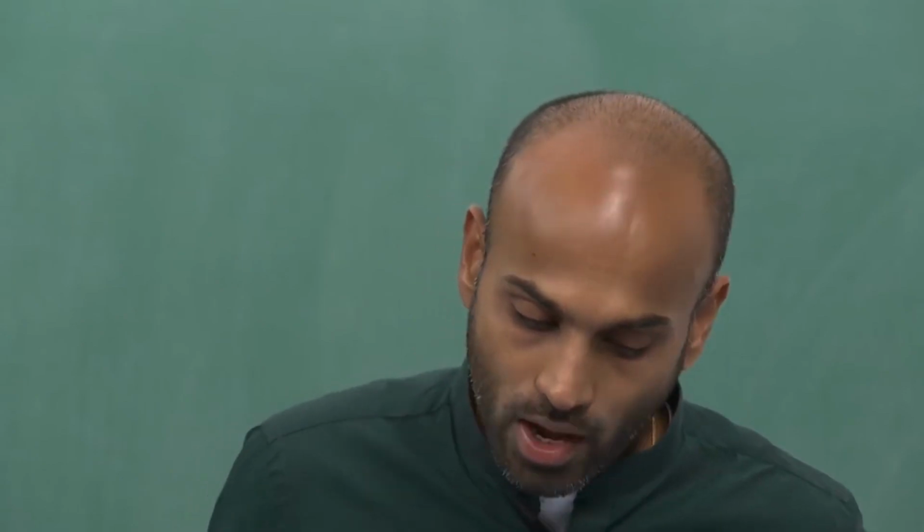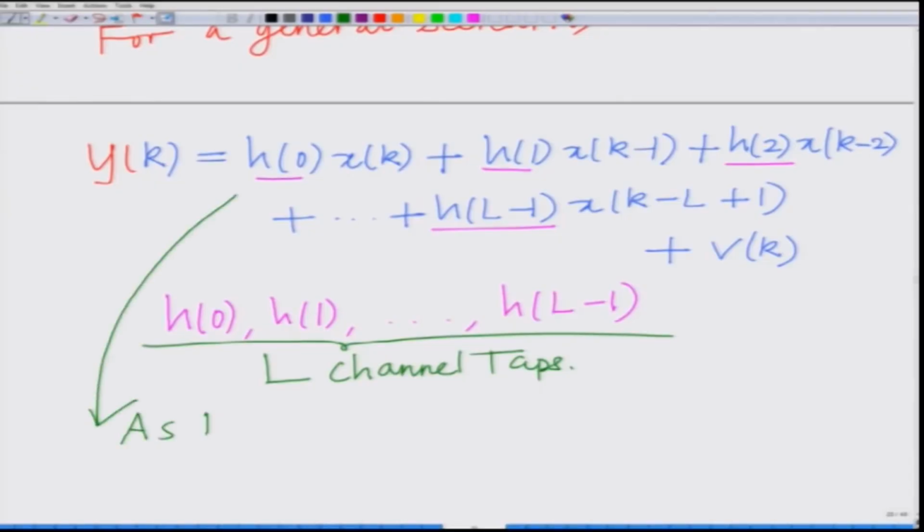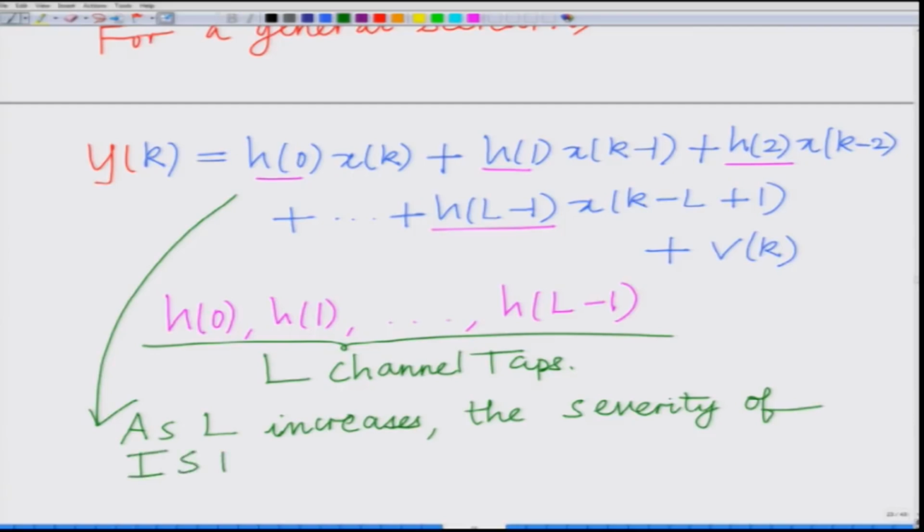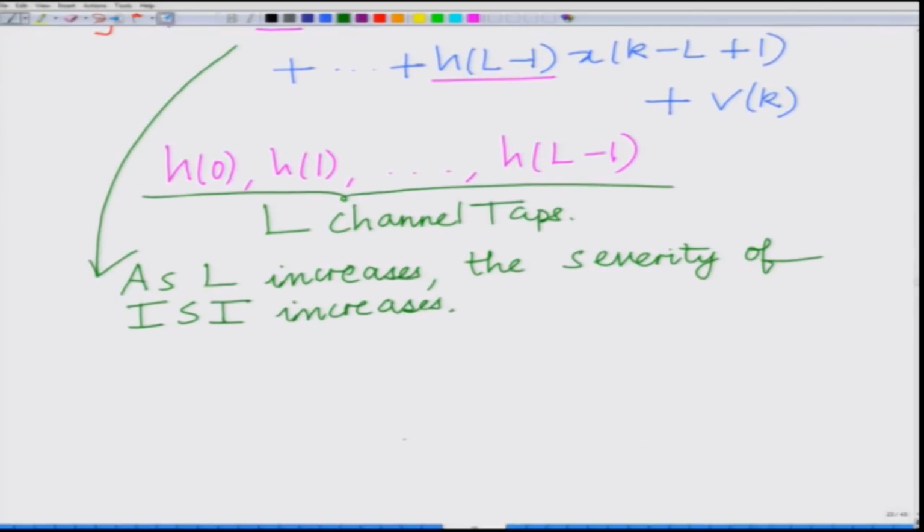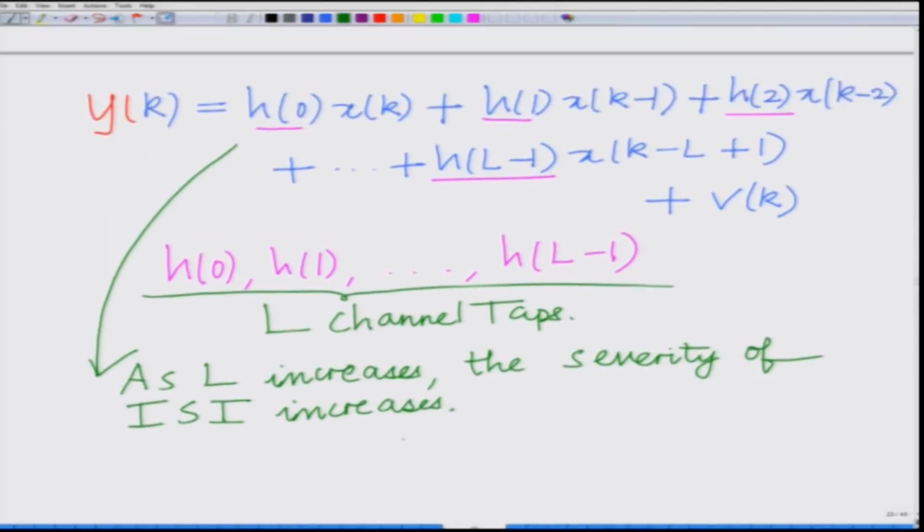As L increases, the severity of ISI increases, which means more and more previous symbols xk minus 1, xk minus 2, so on, interfere with the current symbol xk. So, that is basically the idea.